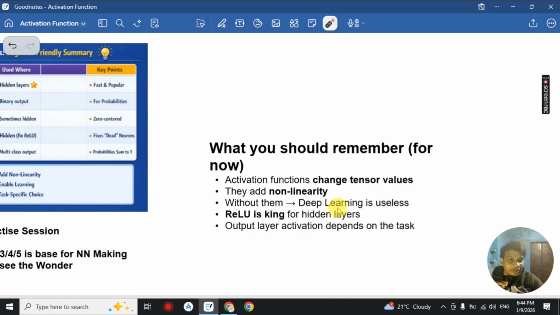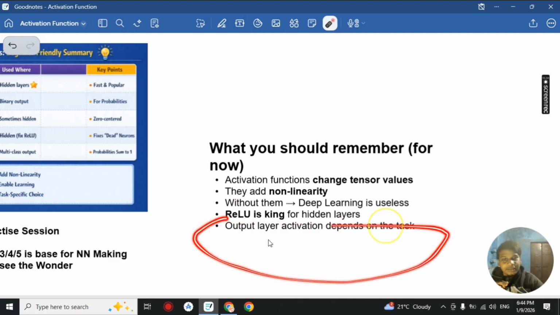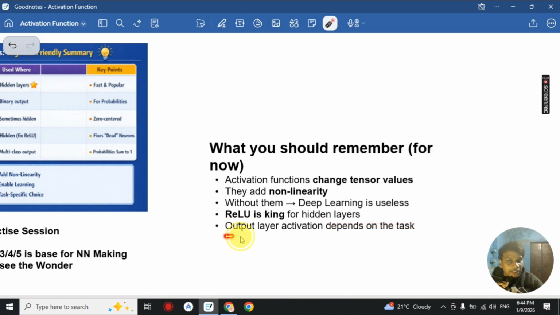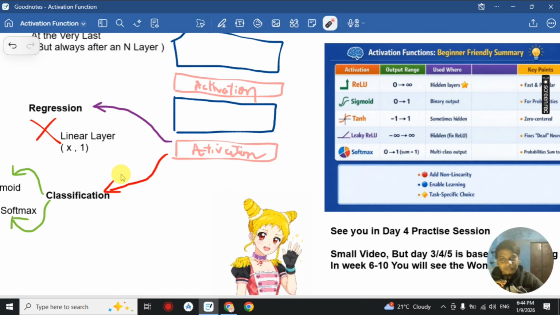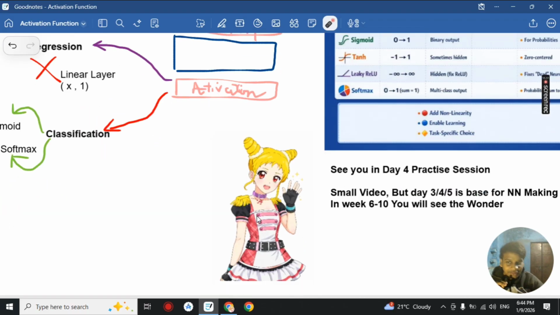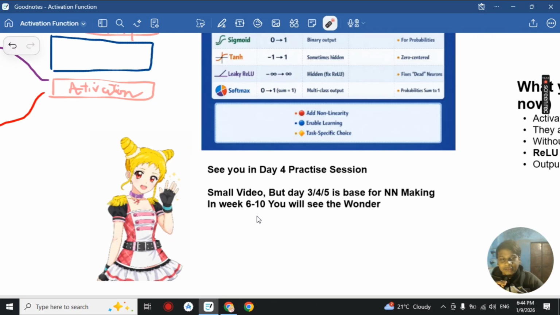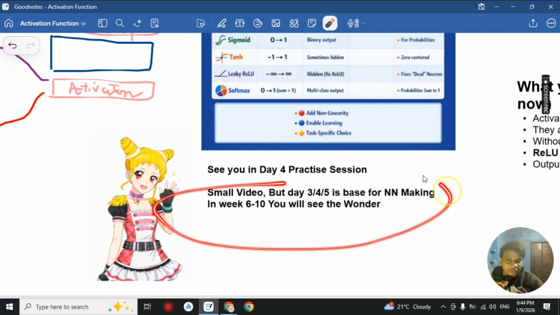Without them, deep learning is useless. Out of all 5 activation functions, ReLU is the king. Finally, the output layer activation function depends on the task. If it is regression, we use only a linear layer, not an activation function. If it is binary, we use sigmoid, and if it is multi-class, we use softmax.